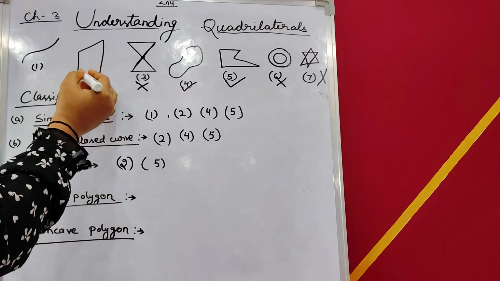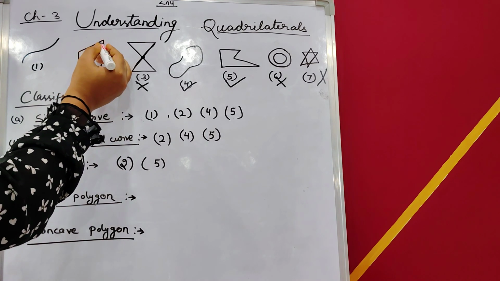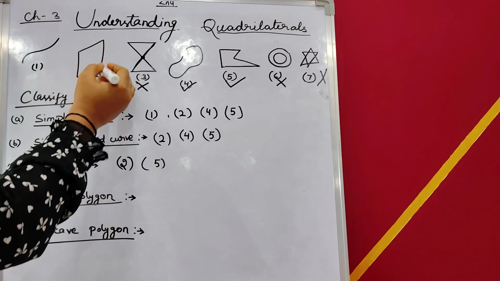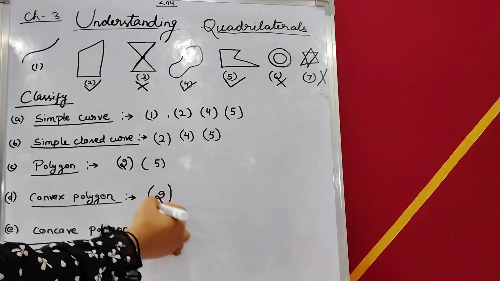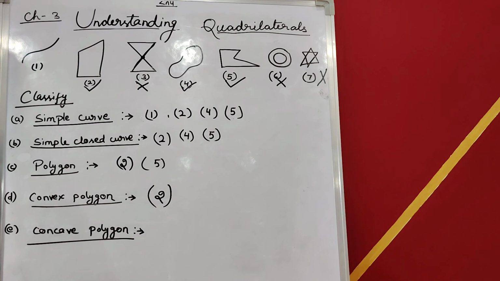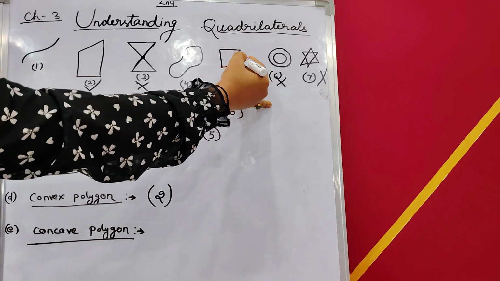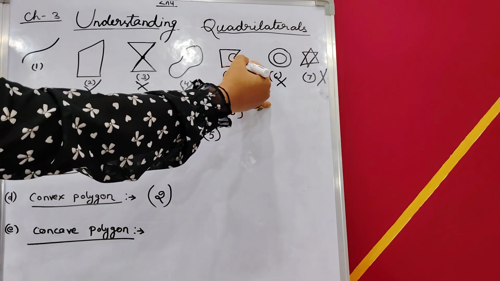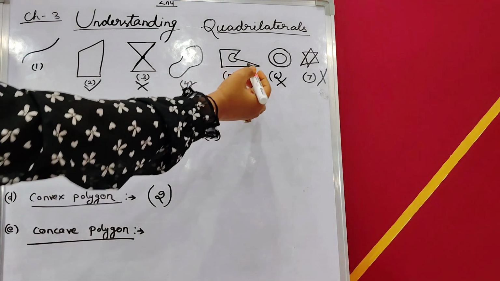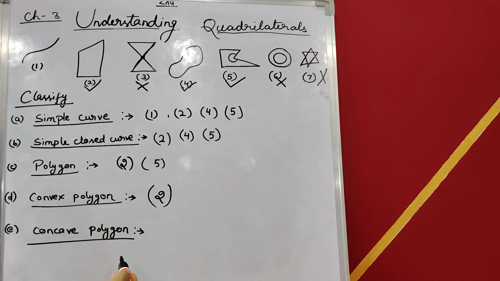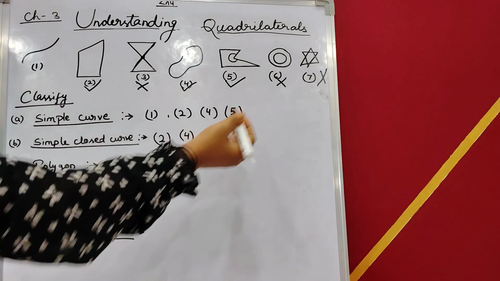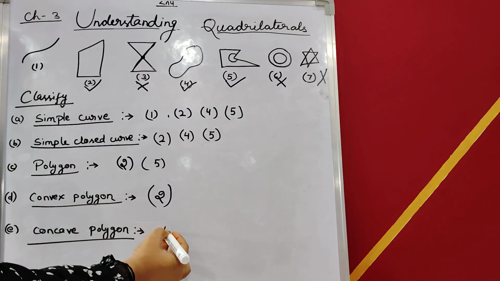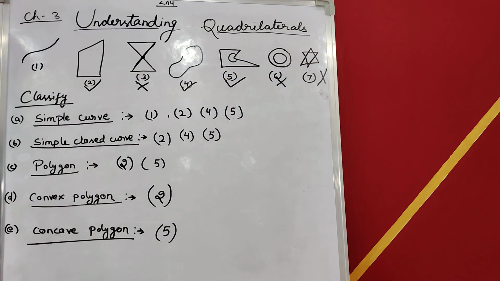You can see all four angles are less than 180 degrees, so this is a convex polygon, that is figure 2. Is this one? No, because it has an angle of more than 180 degrees. You can see here, so it is not convex. Concave states that at least one angle should be greater than 180 degrees. That is a concave polygon. So figure 5 is a concave polygon.